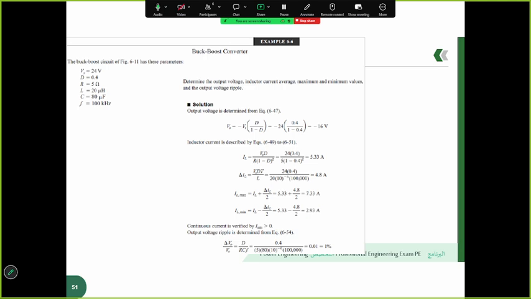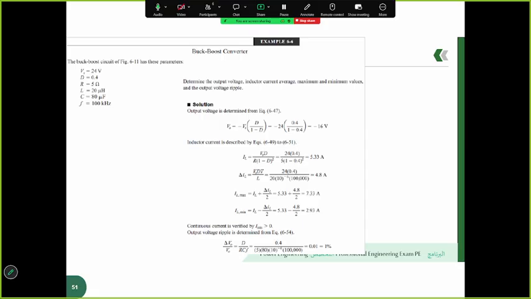The maximum and minimum inductor currents are found to be Imax equal to 7.73 amps and Imin equal to 2.93 amps. The fact that the minimum current is positive confirms that the converter is operating in continuous conduction mode, where the inductor current never drops to zero.